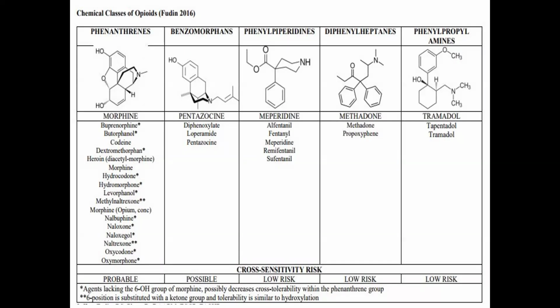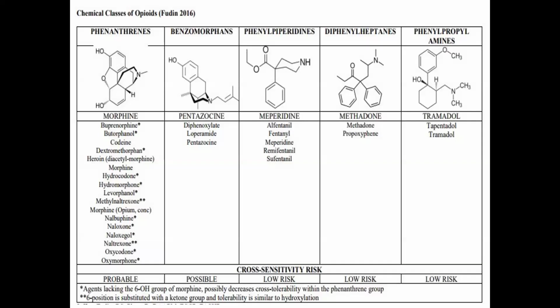So the drug companies removed the 6-hydroxyl group, which gave us other similar chemical groups that don't have the same side effects as codeine and morphine.